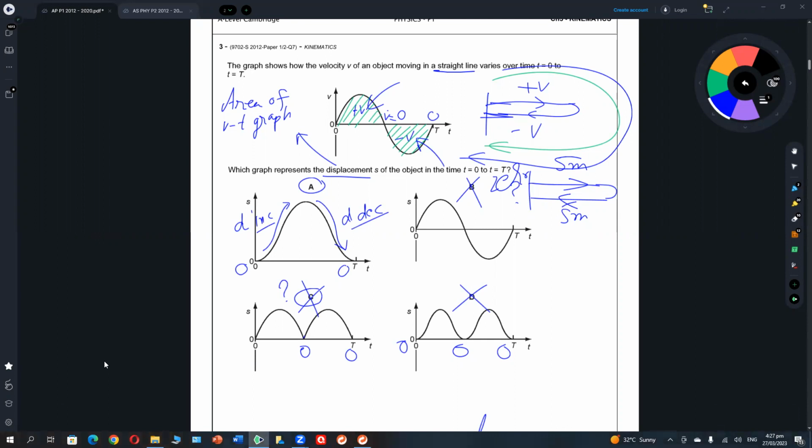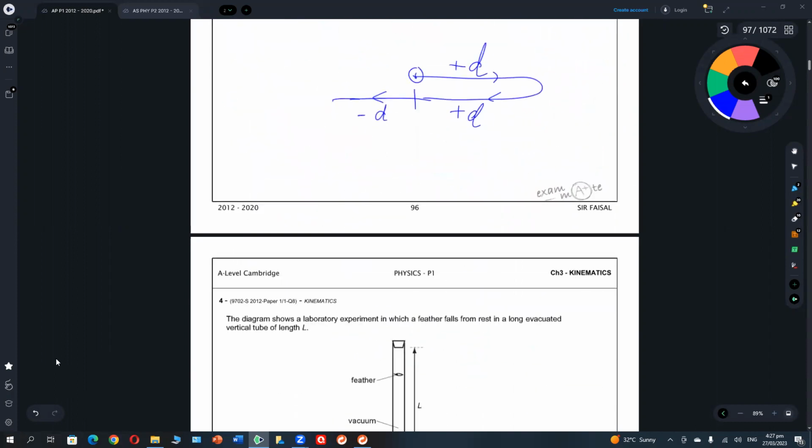When an object is coming back, displacement decreases. So when you leave your home and you're going to your college, displacement increases. When you're coming back to your home, displacement decreases. Overall, when you come back to your home, your displacement becomes zero only once. After leaving the home, it becomes zero once. This is the logic. This is the pattern of doing this typical tricky question.